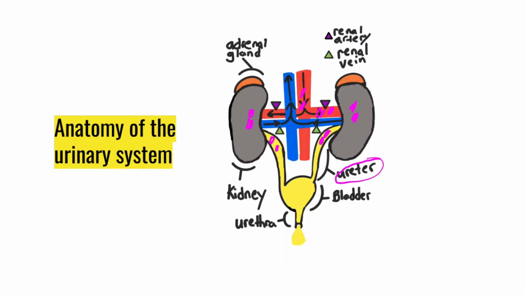So the ureter is the tube that carries the urine from the kidney to the bladder. The bladder stores the urine with the waste in it, and eventually it is excreted through another tube called the urethra. And this is how we get rid of the waste out of the body.